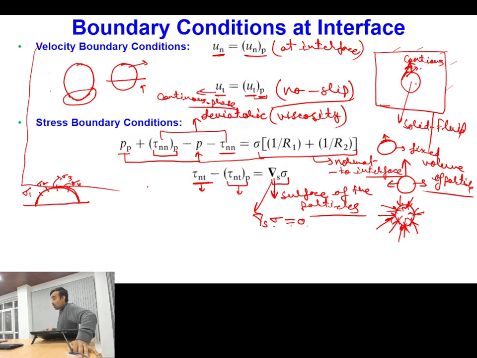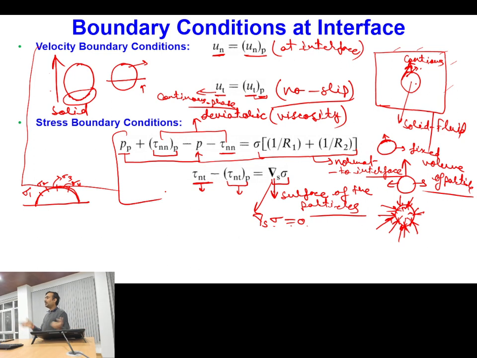Two fluids or solids. One important point: if you have a solid particle, then only velocity boundary conditions will be there, because within the solid particle there will not be any pressure or shear. Because for a rigid solid particle, if relative motion between different portions of the particle is not there, then these two boundary conditions are not at all needed.